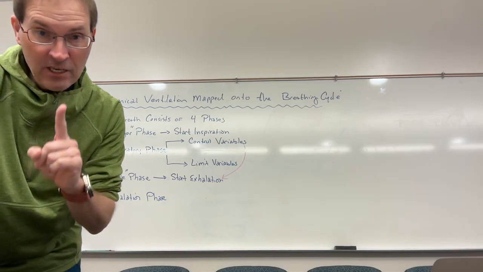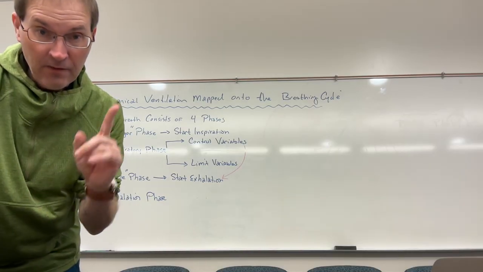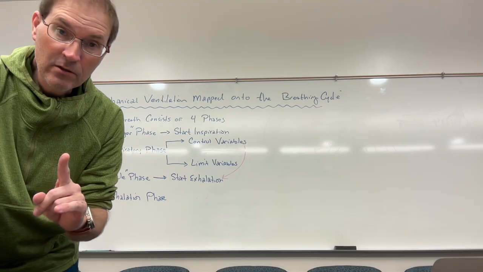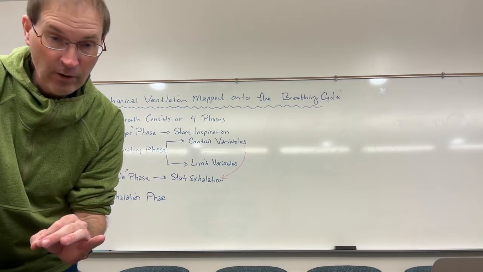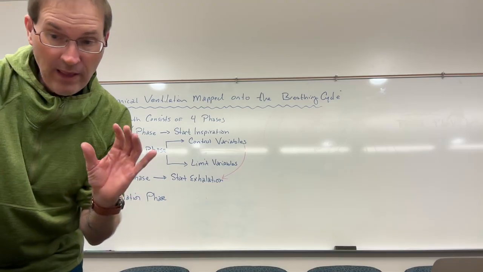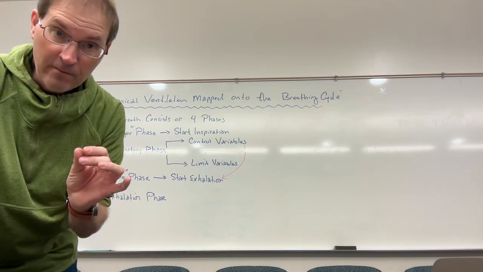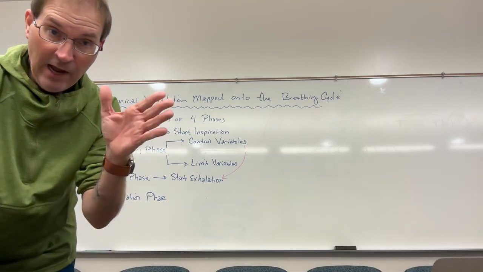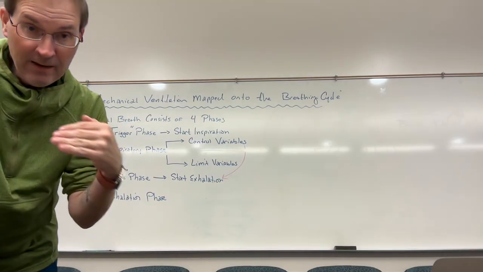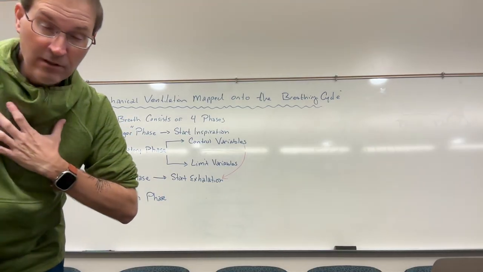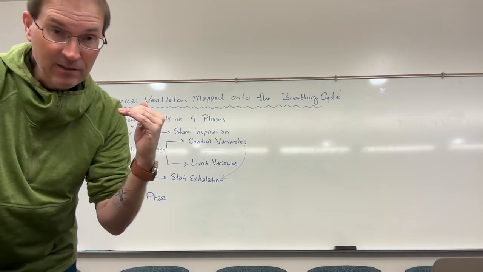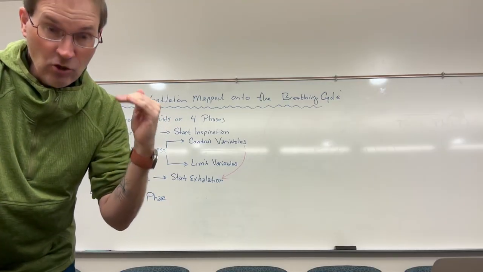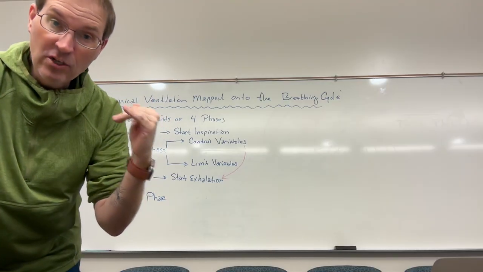Now, this is the important part here. The limit variables do not terminate the breath, okay? So if you are limiting pressure, say, you're telling the ventilator, I want you to prevent the patient's airways from experiencing a certain pressure, but you'll prevent that, but inspiration will not stop.